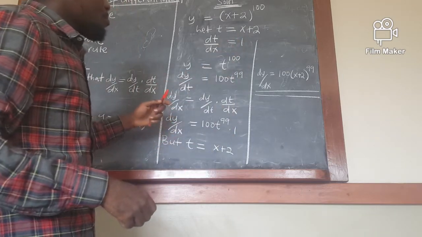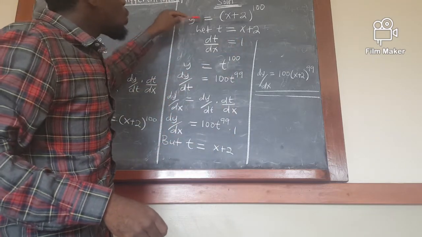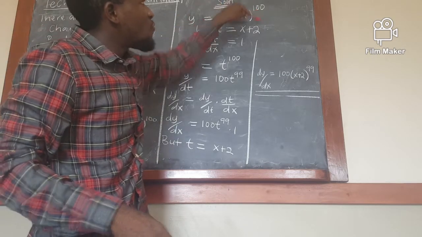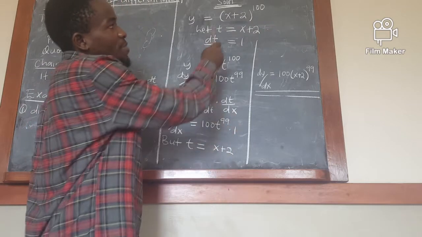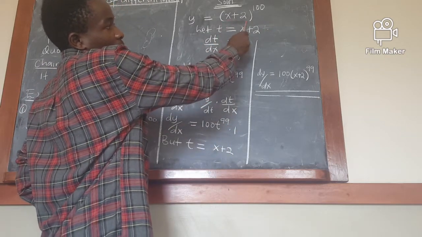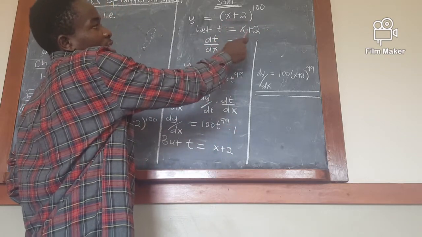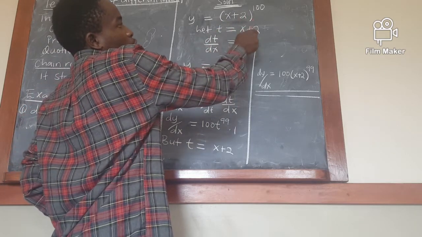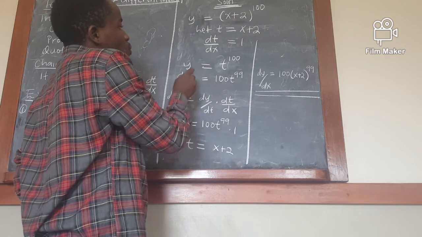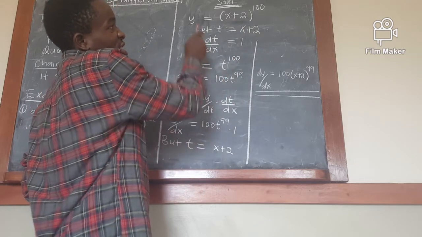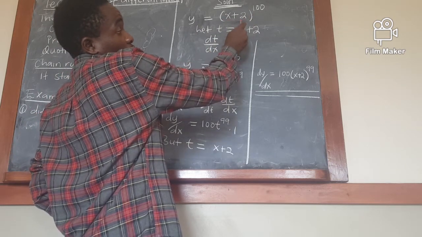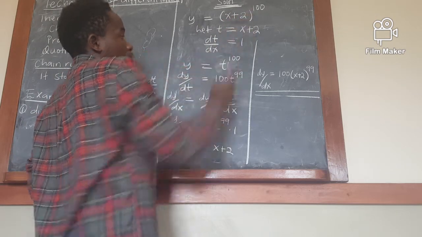Right? So we come into this equation, it was y is equal to x plus 2 into bracket power 100. But remember, we are aiming at one base. And remember, we let the bracket be t. So where there is this bracket, we put t. So it will be y is equal to t power 100. Just as this one is equal to t, where there is this, we put t.